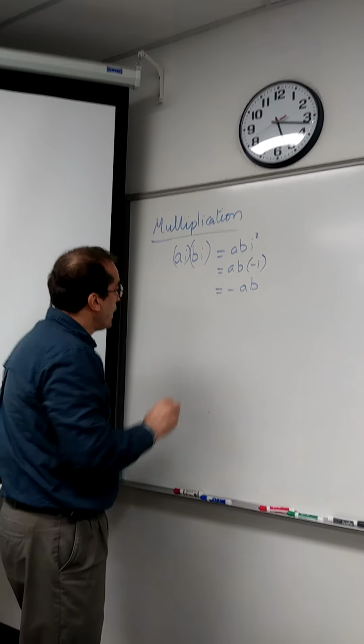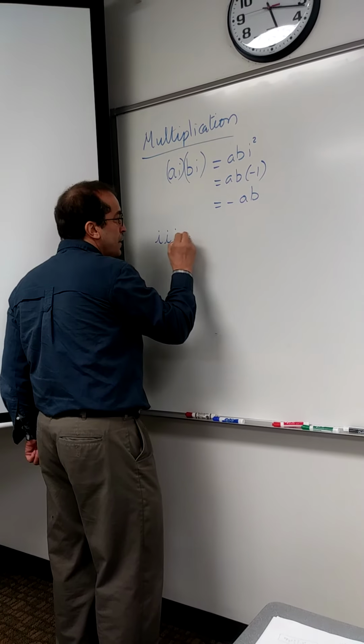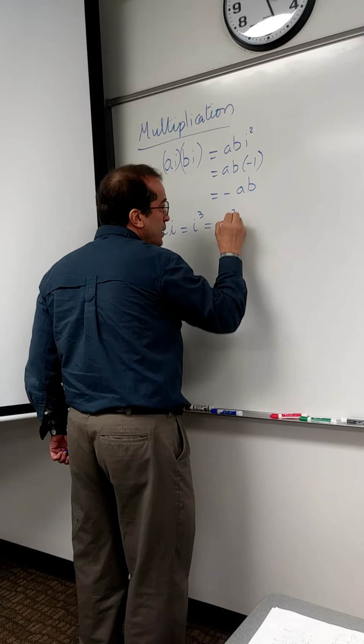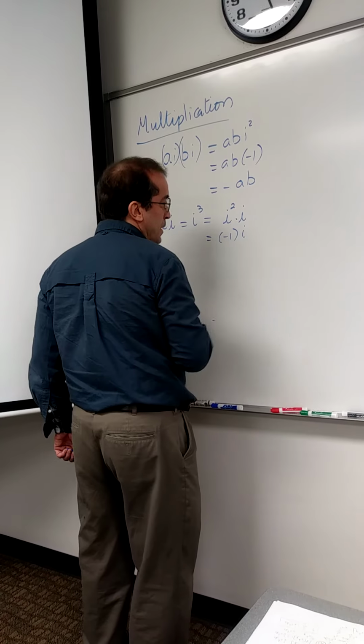What if you multiply i by i by i? This is i cubed, right? We can write i cubed as i squared times i. i squared is negative 1, so this is negative 1 times i.